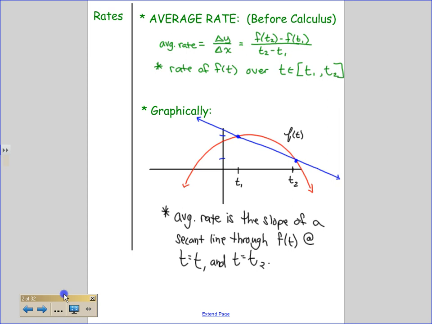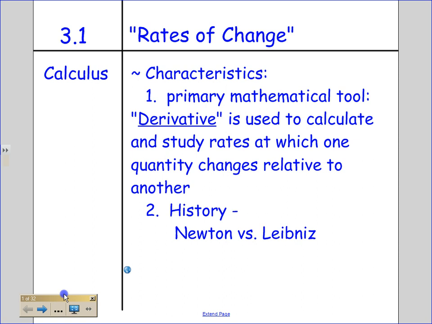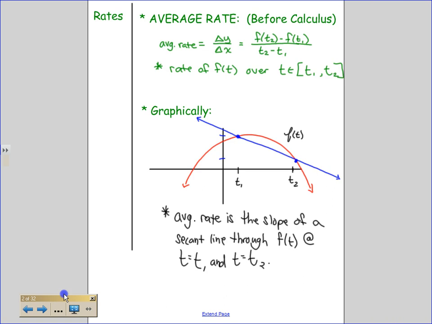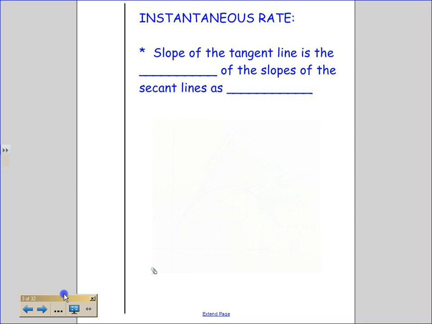So what's going to be different? This whole section is called rates of change, right? So what's going to be different now that we're in calculus? Instantaneous rate. That's something you saw last year for a little bit. Instantaneous rate, if you tear apart the word itself, the vocabulary word, instantaneous. It's rate at an instant.